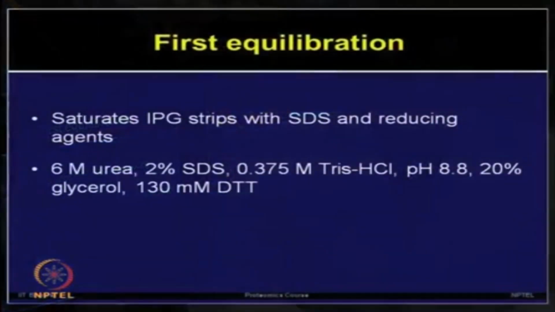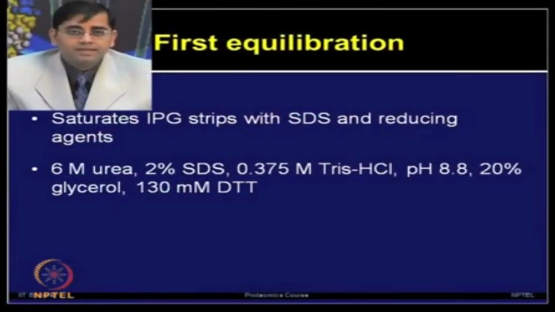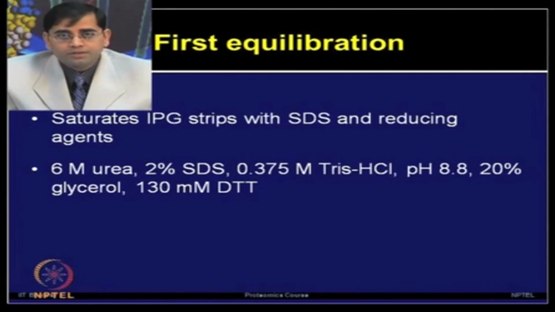Your recipe for equilibration buffer is ideally similar in both first and second equilibration, which includes 6 molar of urea, 2% of SDS, 0.375 molar of Tris-HCl, pH 8.8, 20% of glycerol, and then you need to make one variation in this buffer composition.